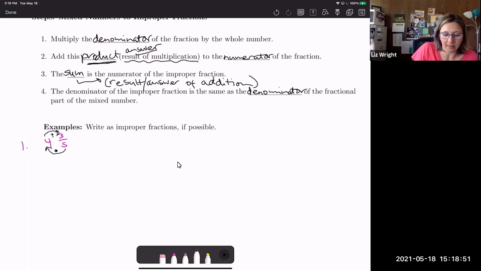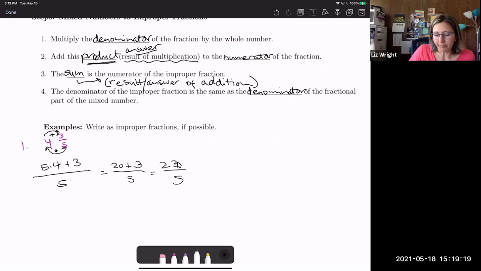And the sum, or my answer, is the numerator of my improper fraction. And then I'm going to put it right back over 5, the denominator I started with. So I'm going to do 5 times 4 plus 3. And yes, I do have you show those steps for this topic. So 5 times 4 plus 3, and that's going to give you 20 plus 3 all over 5, which is going to give you 23 over 5.